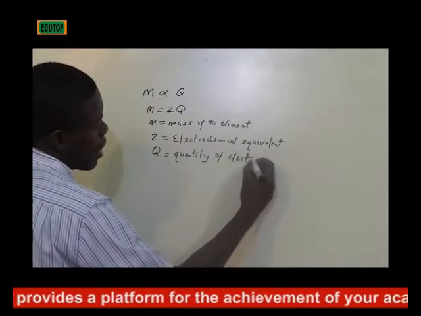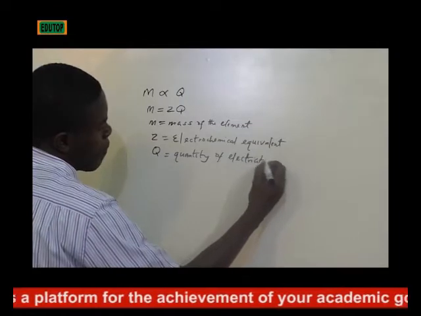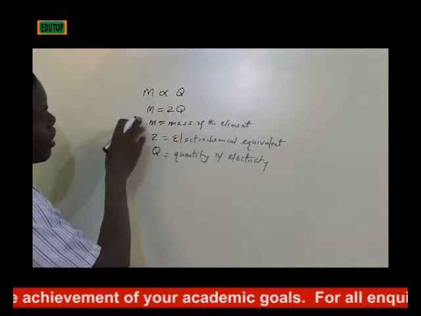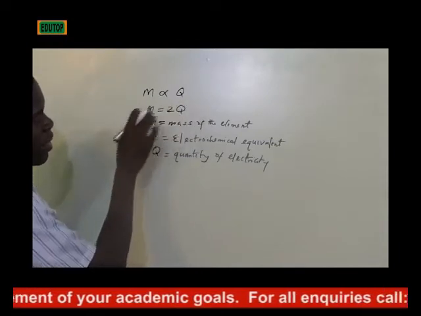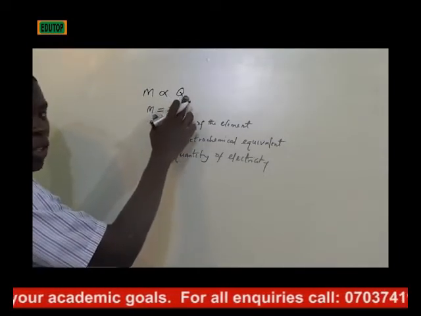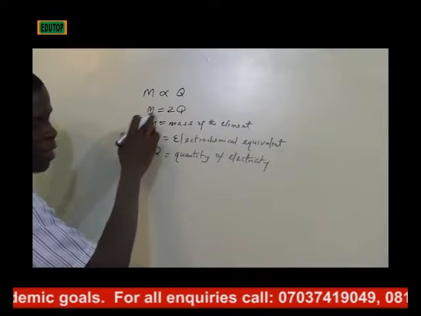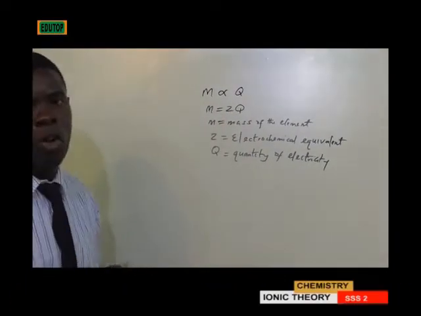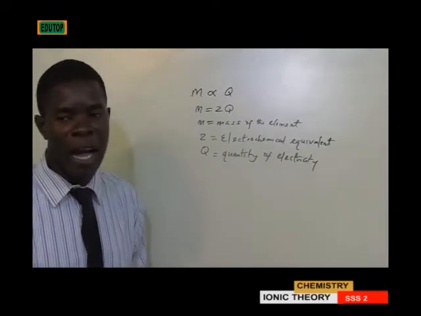So mathematically, by the first law of Faraday, your mass is directly proportional to the quantity of electricity, which means that same mass is equal to ZQ. So that is the first law of Faraday.